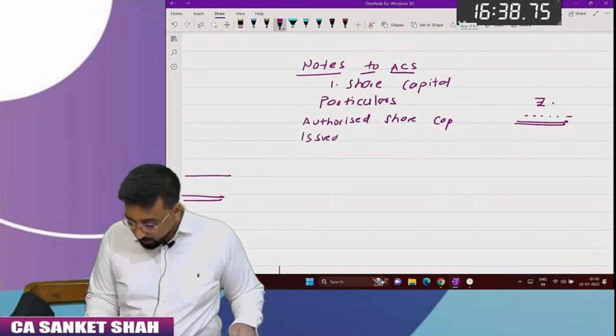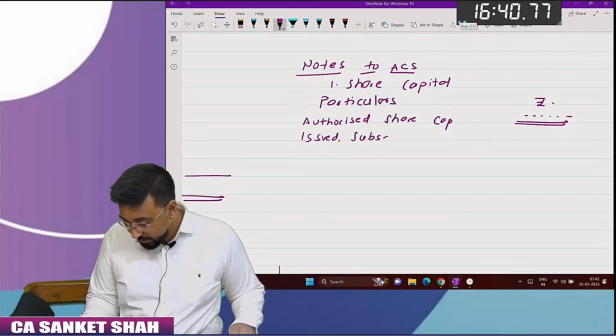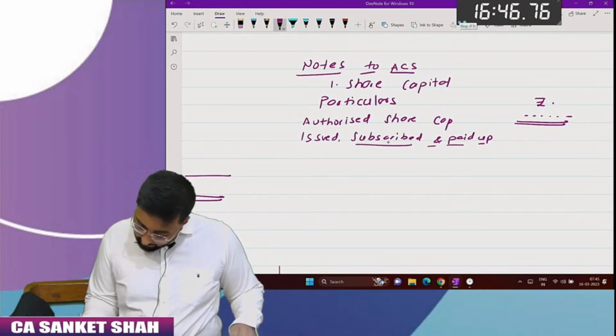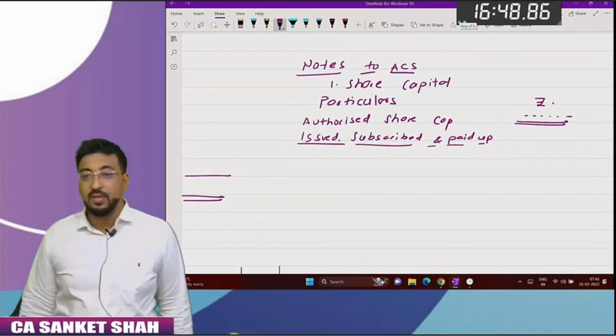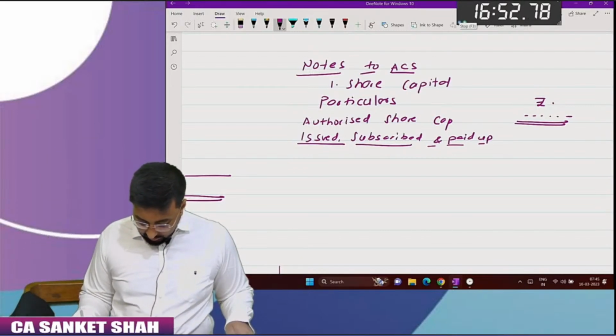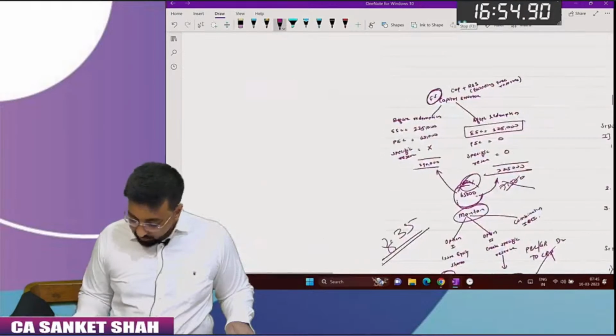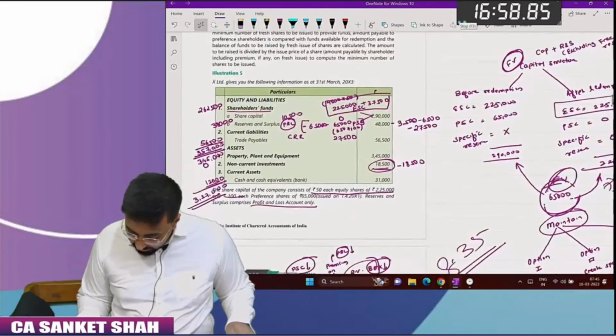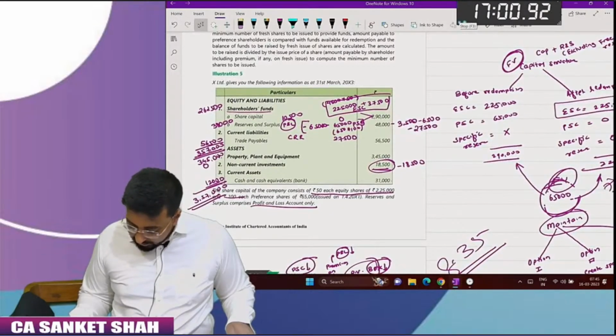Issued, subscribed and paid up capital. So what is your equity share capital over here? 262,500, and it is 50 rupees each.